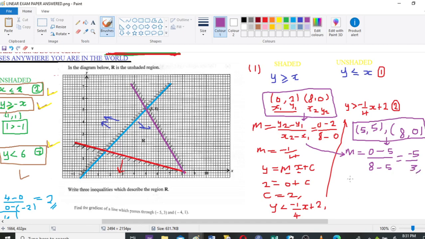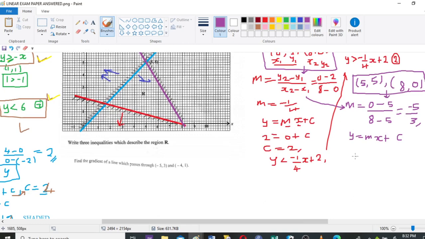So we can as well calculate the value of the constant using the general formula here, which is C. We can choose a pair to use from here, so we can get 5,5 or 8,0. If we get 8,0, that means the y value is 0.